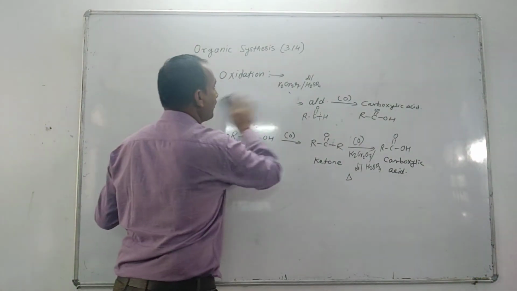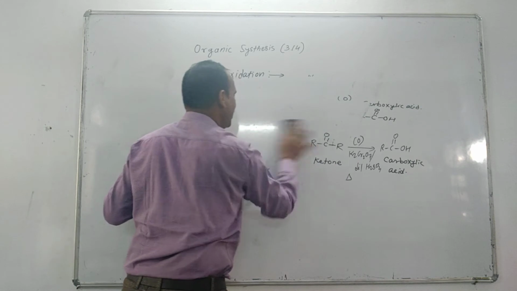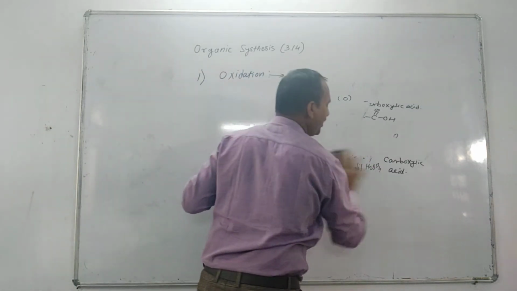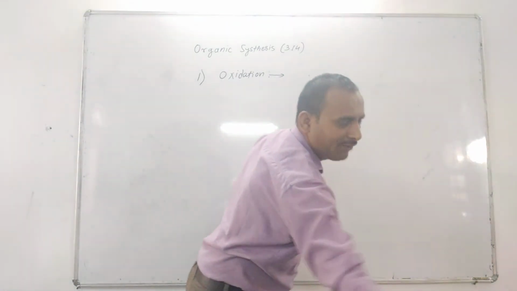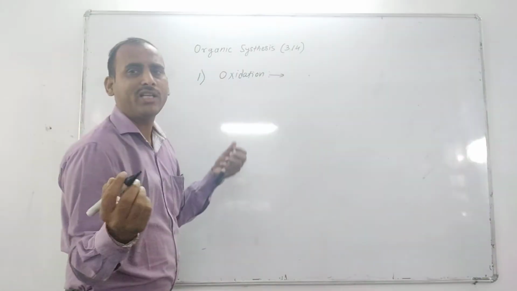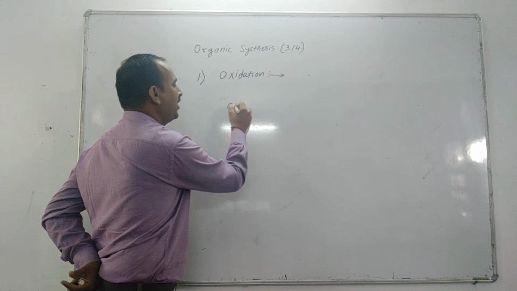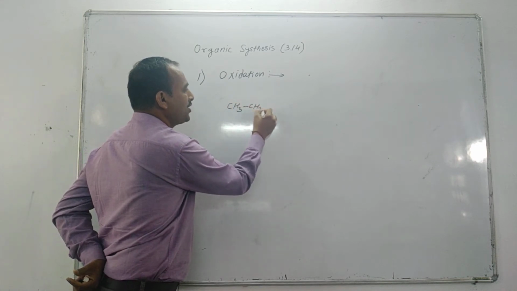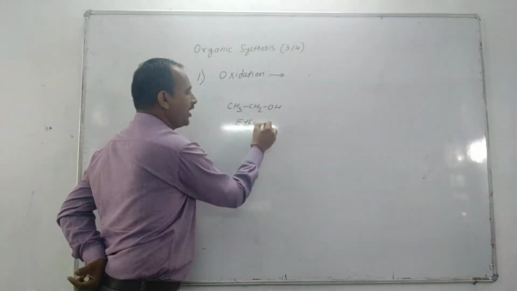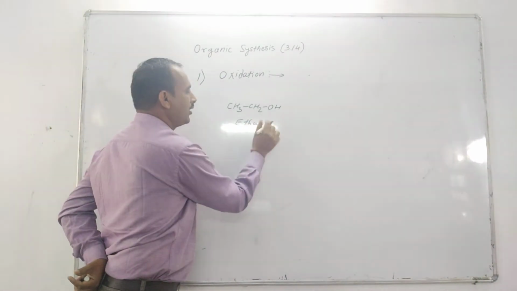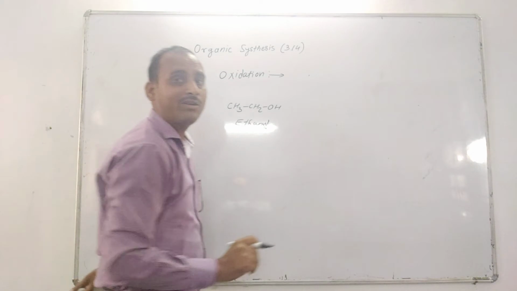Okay. So let's see the different reagents for oxidation with the help of examples. See here, we take a simple example of ethyl alcohol, CH3CH2OH. It is ethyl alcohol, or it is also called ethanol. The IUPAC name is ethanol.